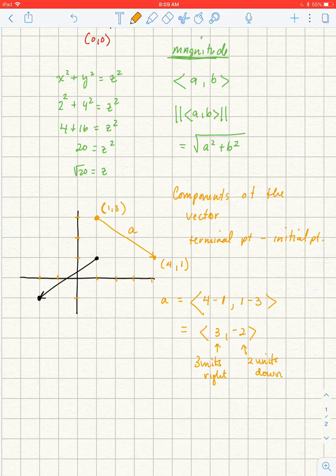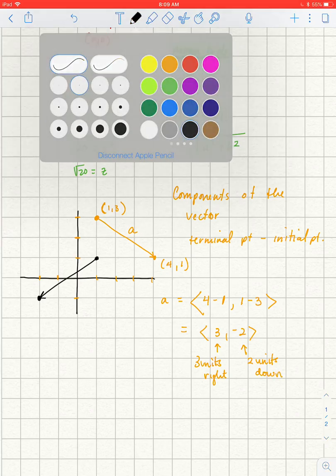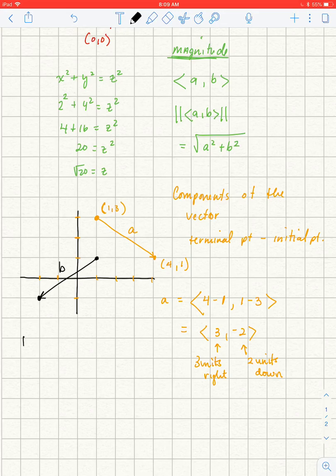If we're doing the black one, let's call it B. So B would equal, now our initial point was 1, 1. Terminal point was negative 2, negative 1. So we would have negative 2 minus 1, comma, negative 1 minus 1.